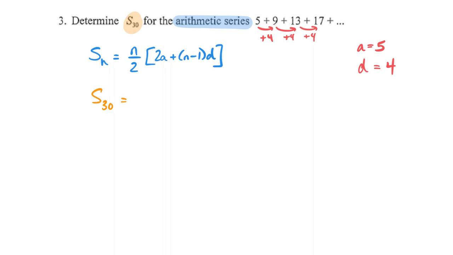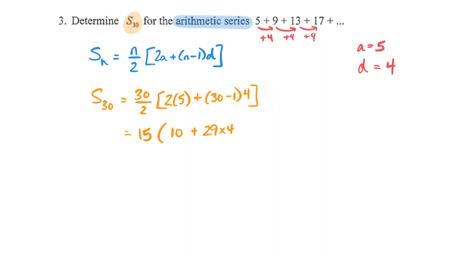Well, plug everything in. So you're going to take 30 and divide it by 2. I am writing down this line just so you can see everything subbed in. However, I'd never have to see that. I don't think it's that bad to go 30 divided by 2 is 15. Calculate 2 times your a value. You're subbing in 30, so you have 30 minus 1 is 29.